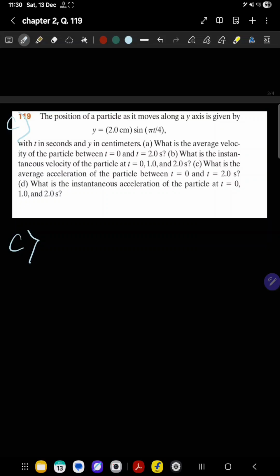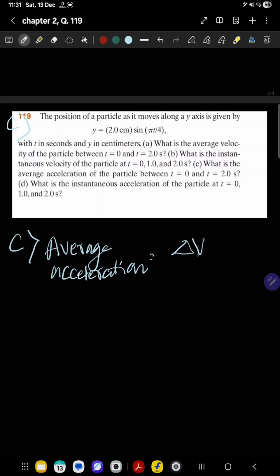For the C part, we need to find the average acceleration of the particle between t equal to 0 and t equal to 2 seconds. Okay, for average acceleration, we need the velocity at t equal to 2 seconds.